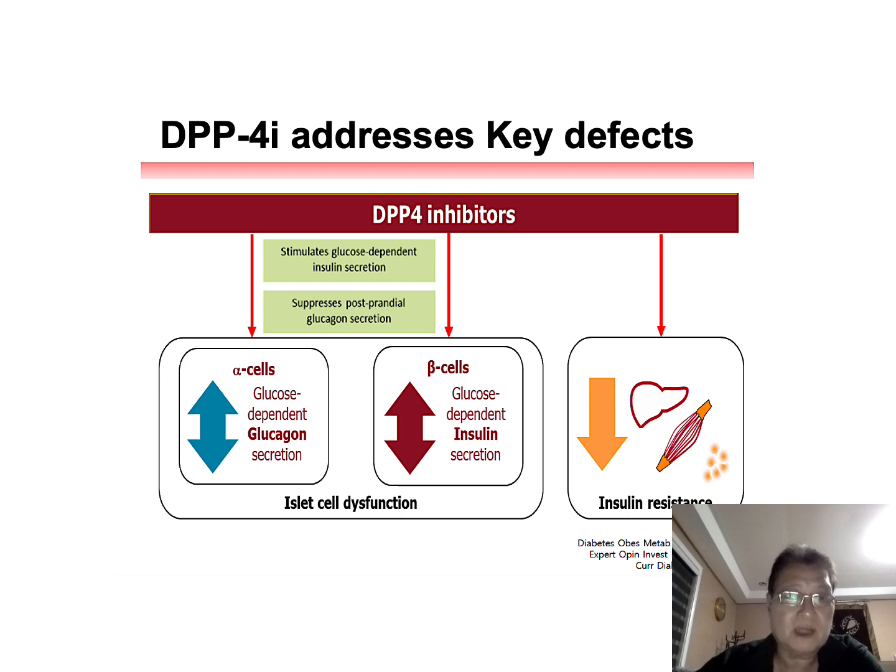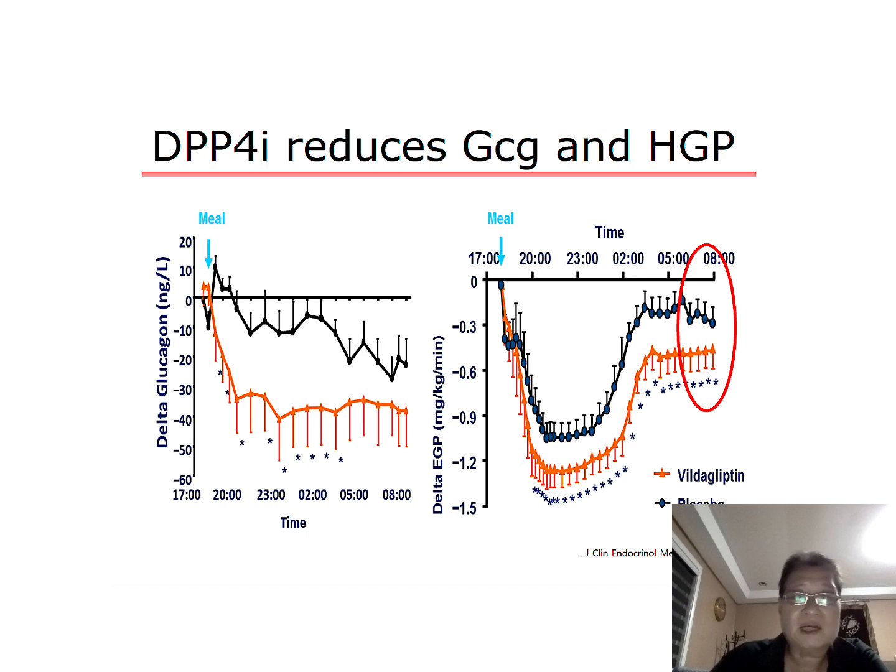Here's the slide showing DPP-4 inhibitors: the use of vildagliptin reduces glucagon compared to placebo on your left, and on your right, after a meal challenge, you also see a reduction in hepatic glucose production.